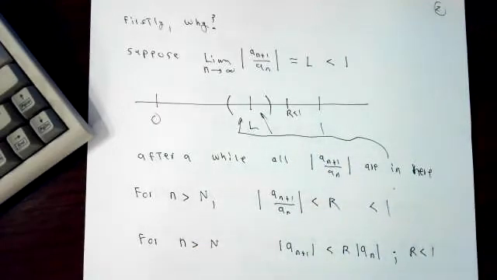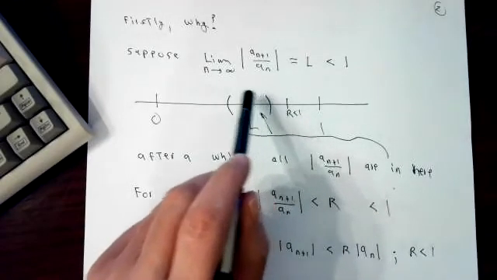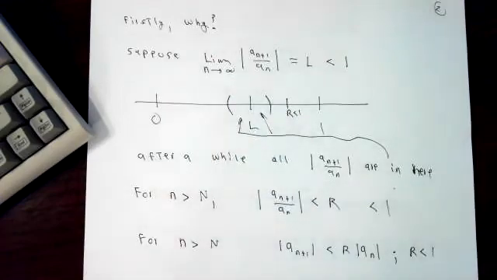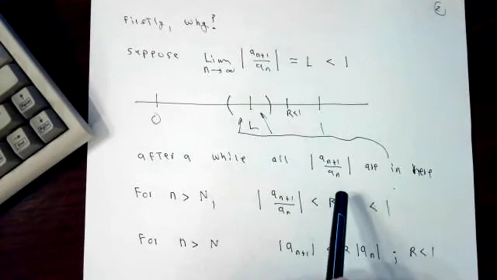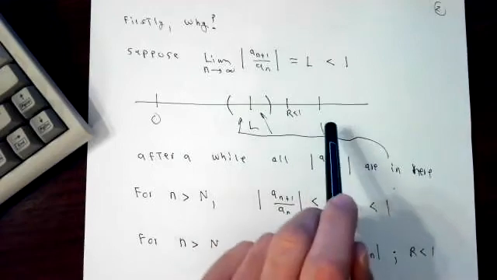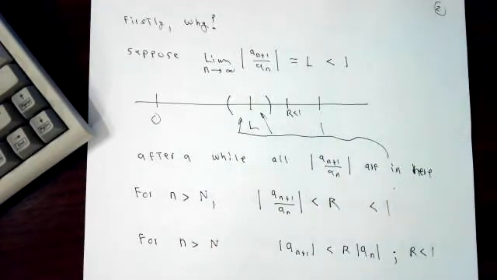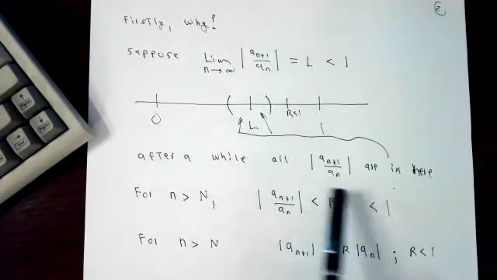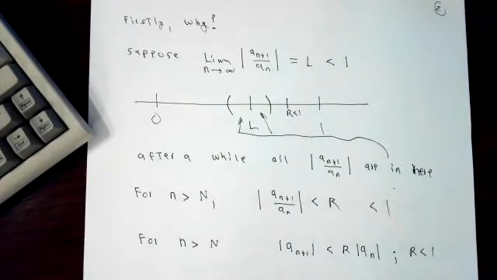After a while, beyond some particular index capital N, all of these numbers, absolute value of a_(n+1) over a_n, are close to L. That is to say, after a while, all of those absolute value fractions are less than R, and R in turn is less than 1.